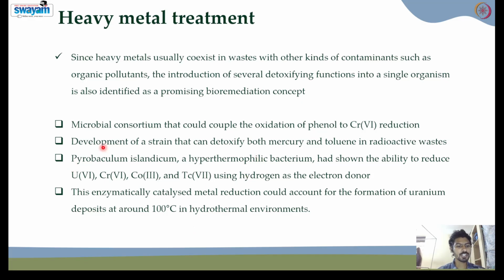So there are some specialized microorganisms that exist in the environment which can be utilized for degrading multiple heavy metals, or you can handle different kinds of organic pollutants along with the heavy metals. So by this, we could understand that no single treatment is enough for real-time wastewater treatment. So first you can use a consortium of microorganisms, or you can go for genetically engineered super strains that can multitask.